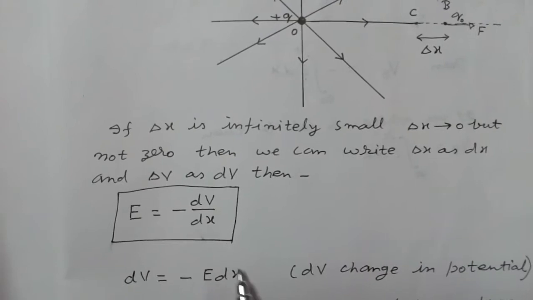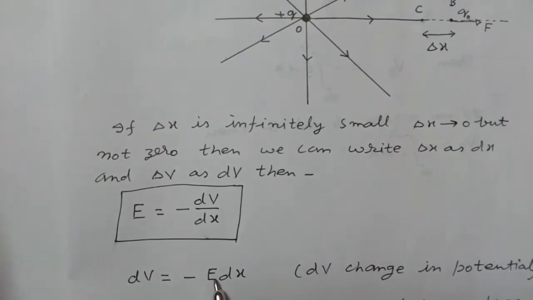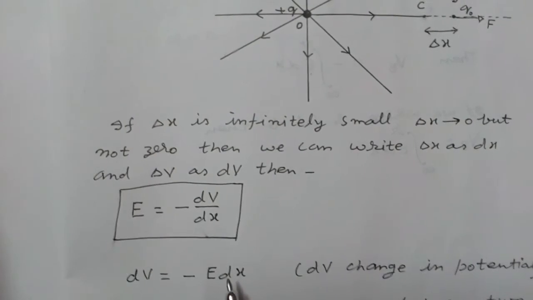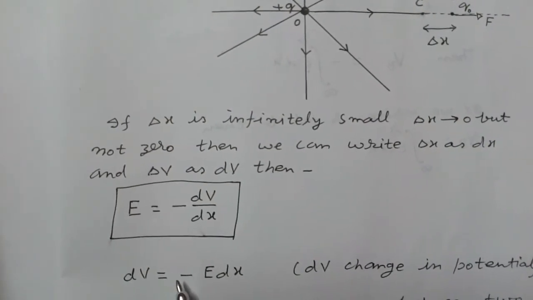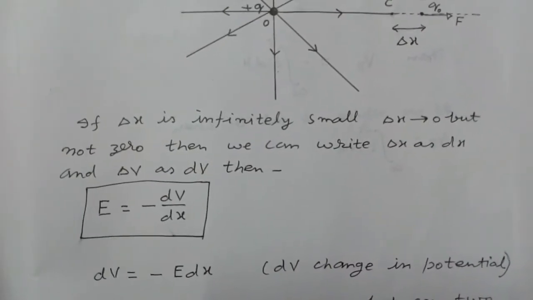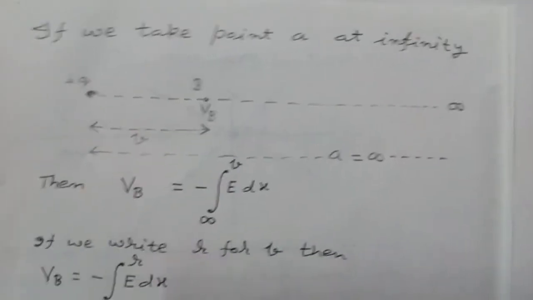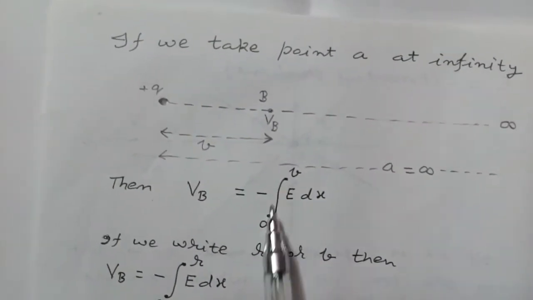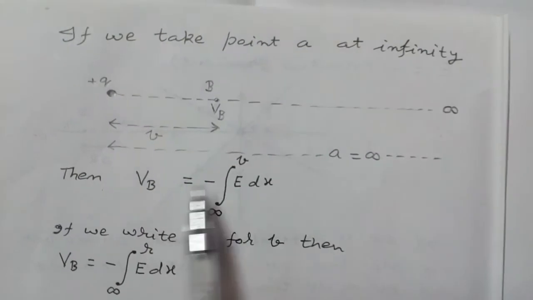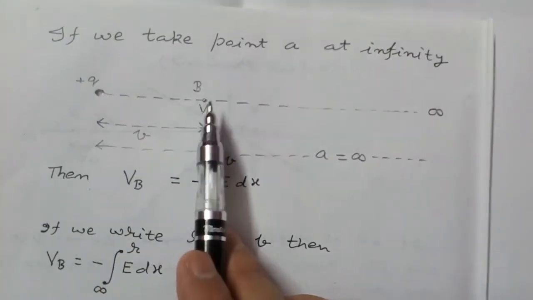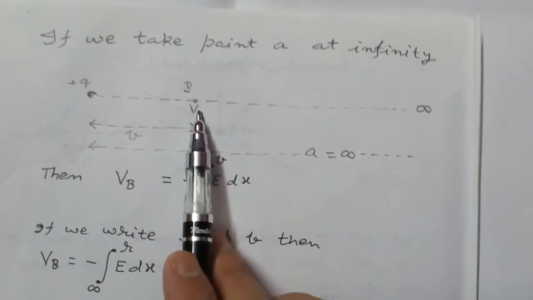If we know the value of electric field intensity at a point, then the potential difference between 2 points whose distance is dx, dv will be equal to minus E dx. So dv is the change in potential. Now the relation between potential at a point and electric field intensity we may get by integrating it. Here this is plus q charge, this is point B where we have to find the potential.